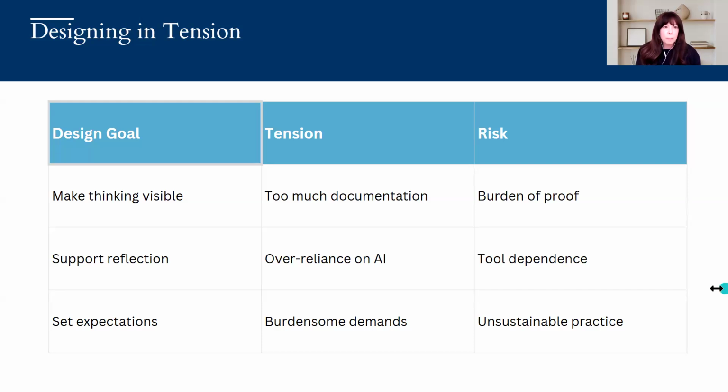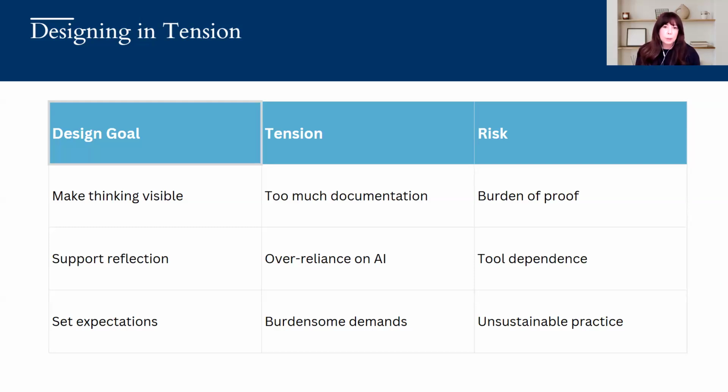So some of the tensions that we need to navigate, and we will try to do so in the next few slides, are thinking about, first of all, how do we make thinking visible in the teaching and learning process, and what does that look like in an assessment in which AI has played a role?